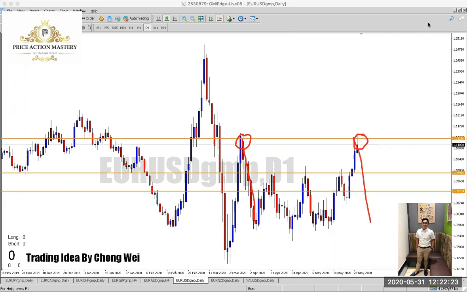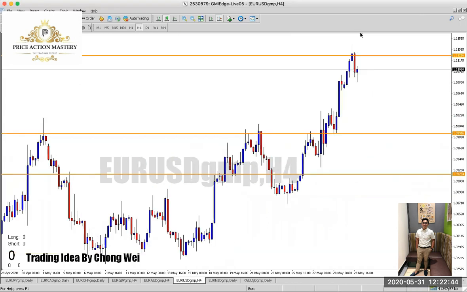But we need to see the current force. If there are still buyers in the market, the market can definitely still go up. For a day one trader, you are not going to buy just anywhere, right? You will buy at the key line. Let's see what is happening on H4.